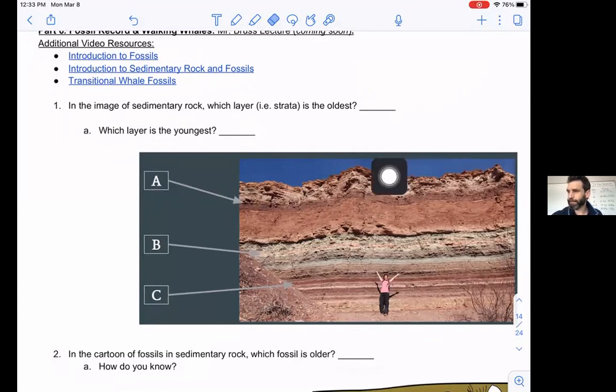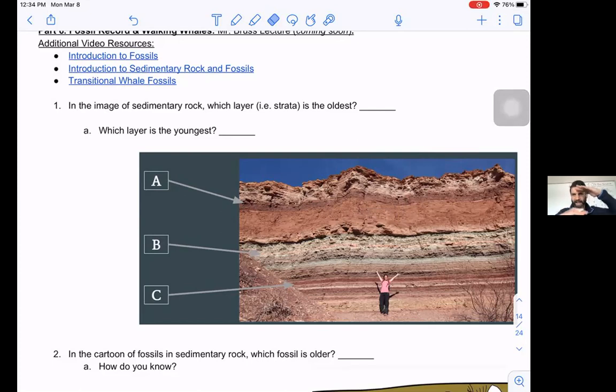It just means that in layers of sedimentary rock, the way sedimentary rock is formed is as debris or silt from rivers and ponds flows to the bottom, that forms a new layer.